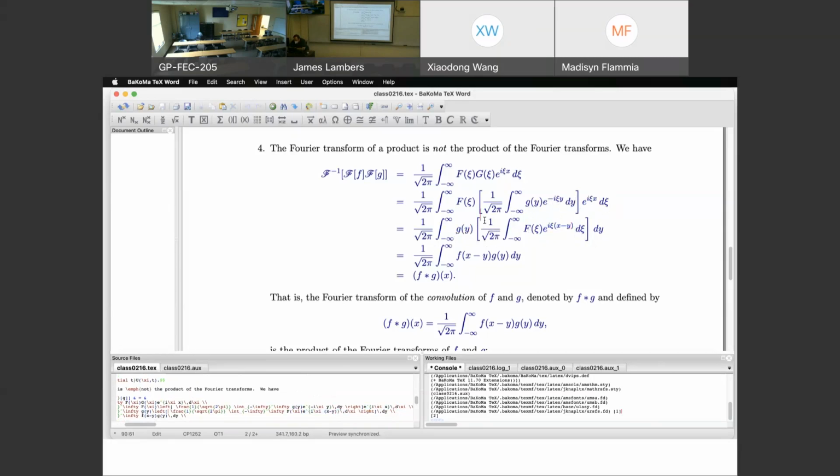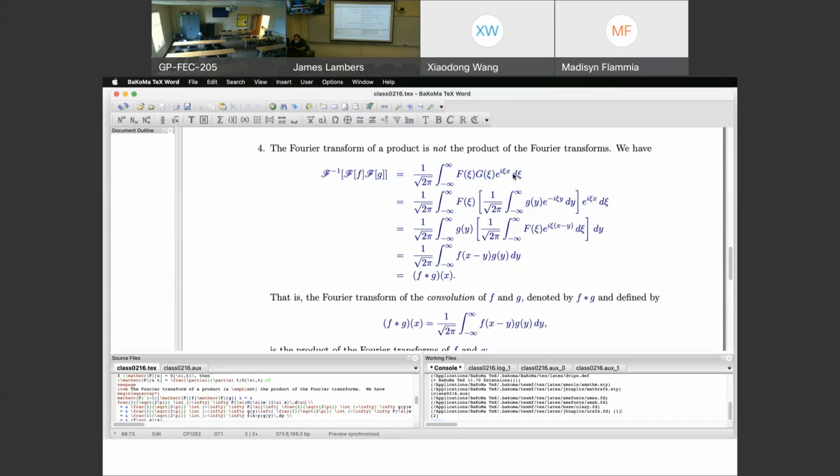Now, what's in the square brackets here is the definition of the inverse Fourier transform applied to capital F. But look at the exponent here, e to the ic times x minus y. Normally with the inverse transform, we have e to the icx, and the result of this is a function of x.